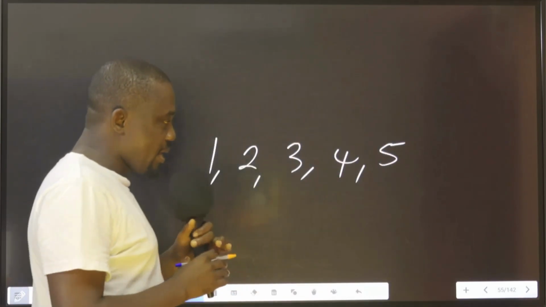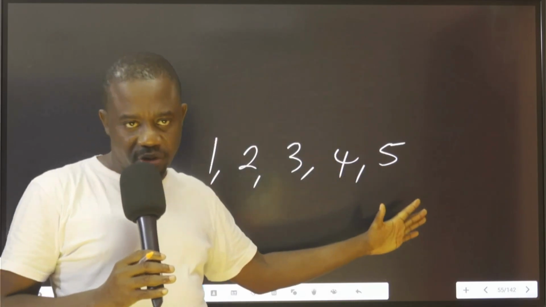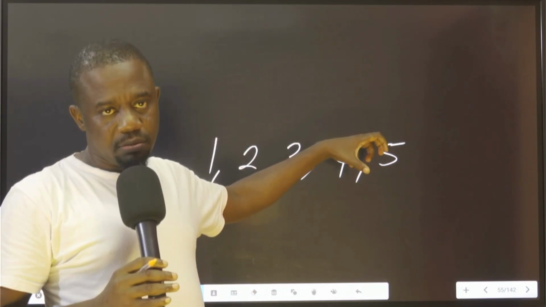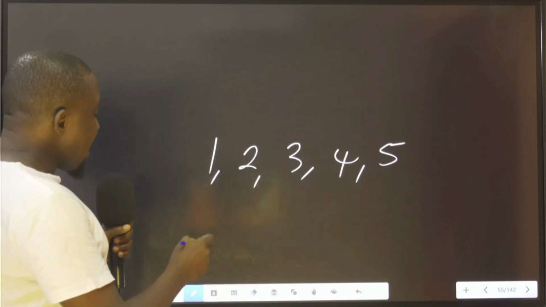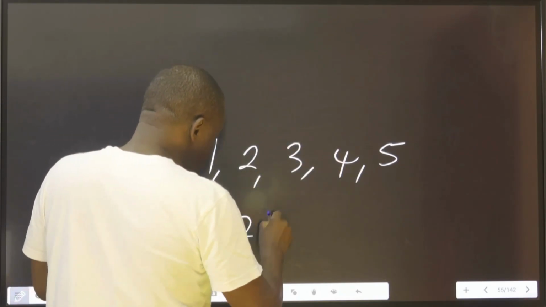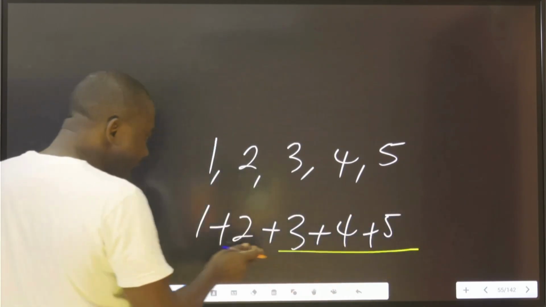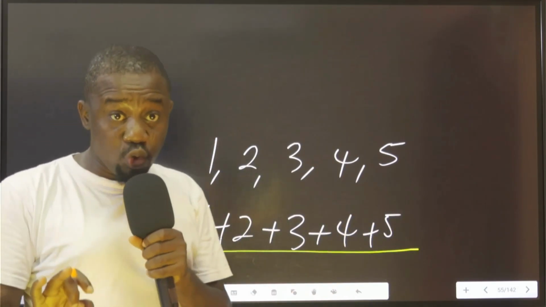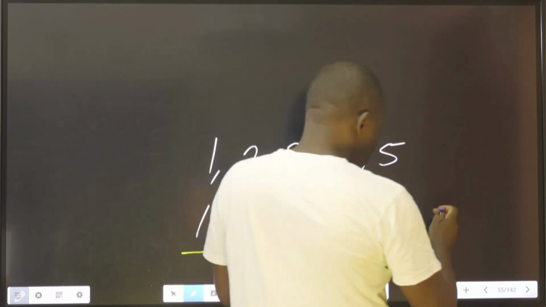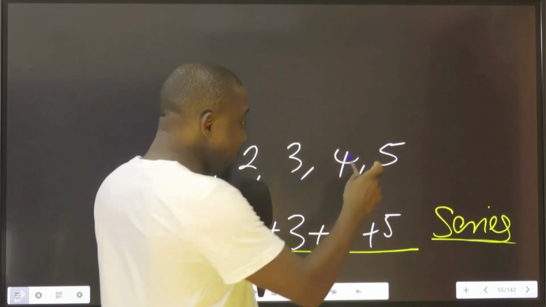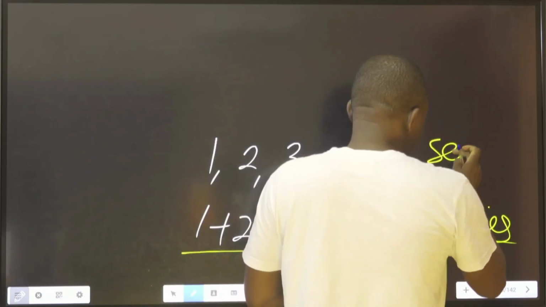An AP, arithmetic progression. You can also call it a sequence. But if you're going to add them together, this addition changes the name to series. So this is series. This is a sequence actually.